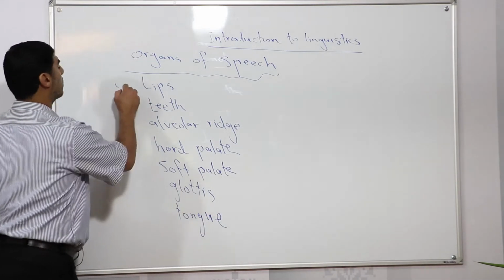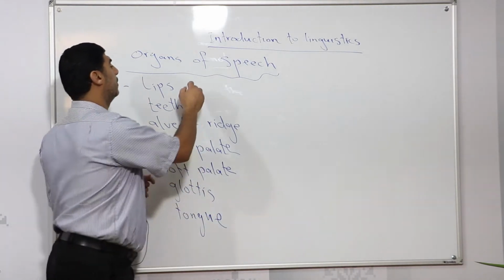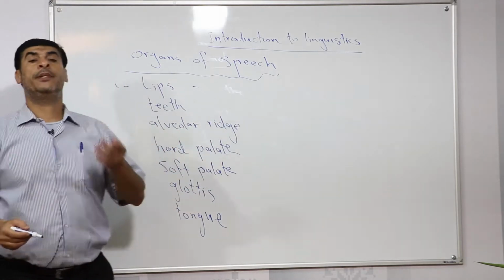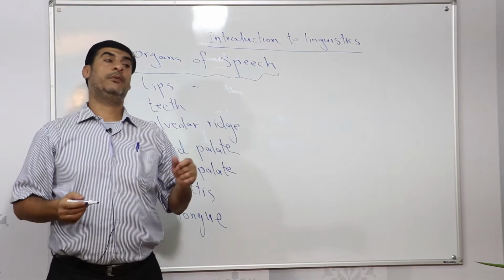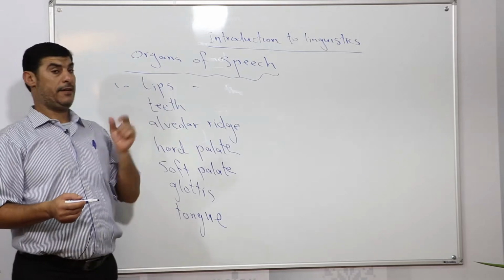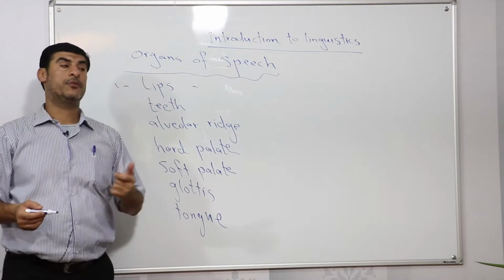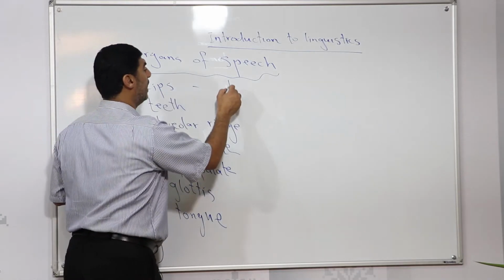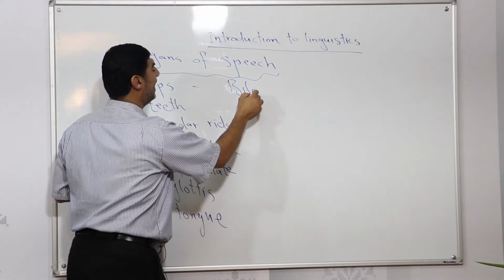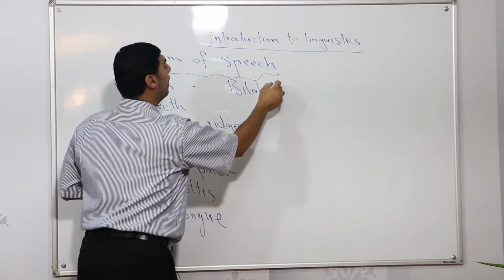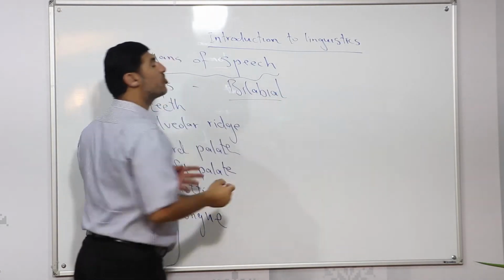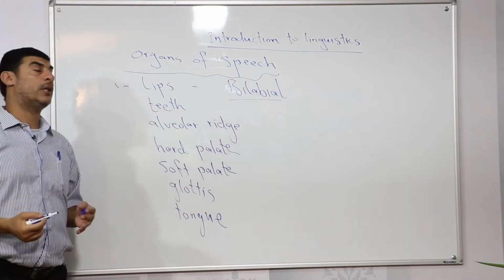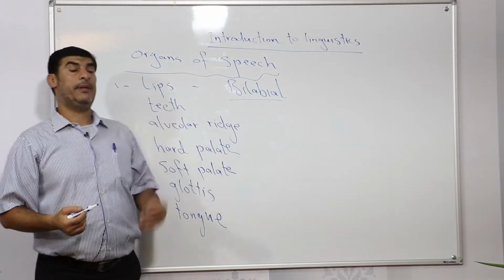Number one, lips. If I say ba, pa, and ma, you will find that the two lips are needed to produce these sounds. We call these sounds bilabial. So what is a bilabial sound?